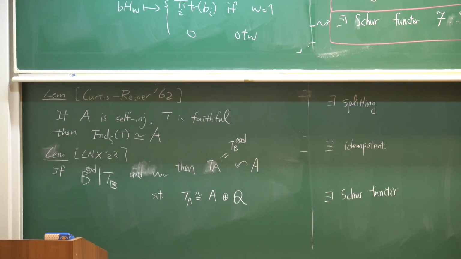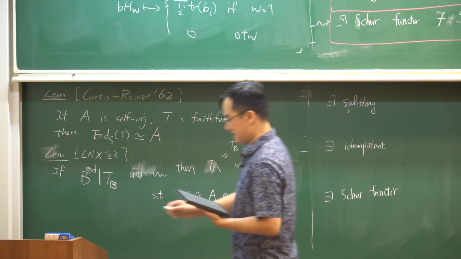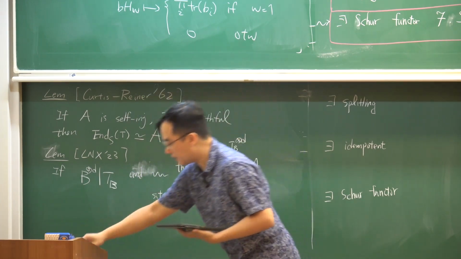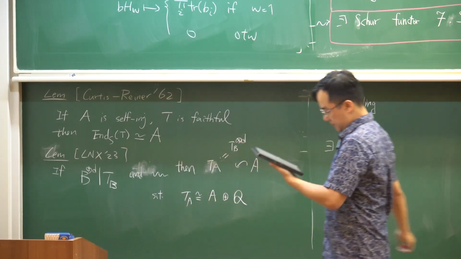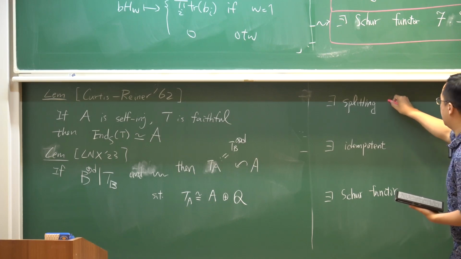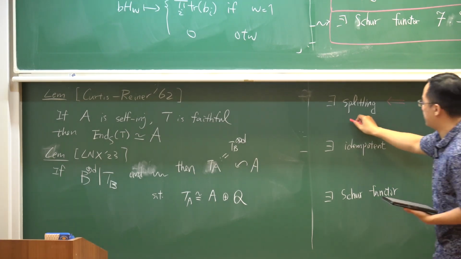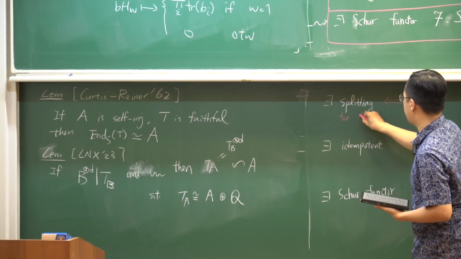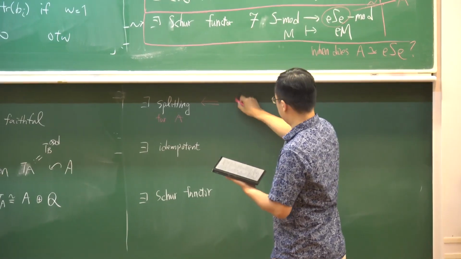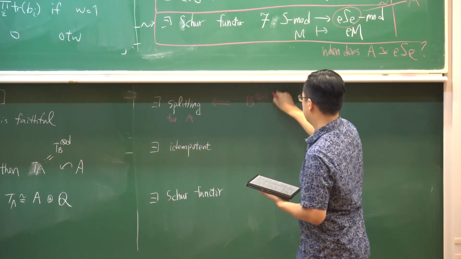Okay, so for this, the splitting for A is guaranteed by our lemma if this happens.